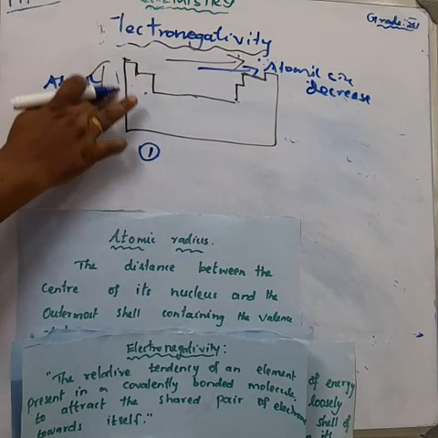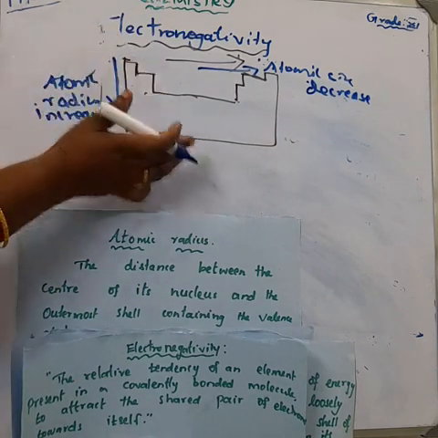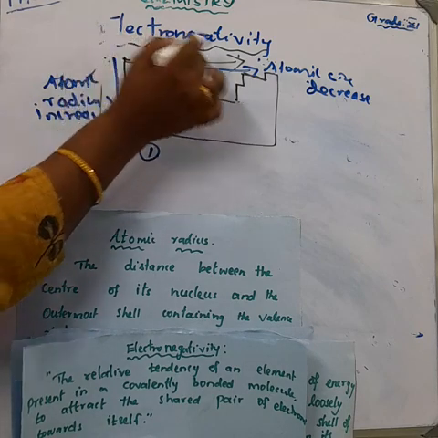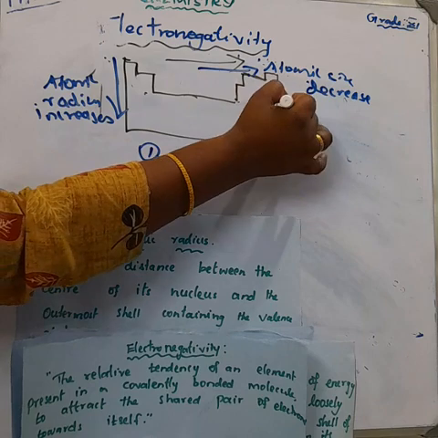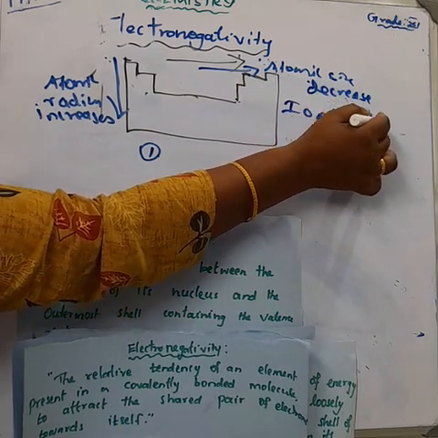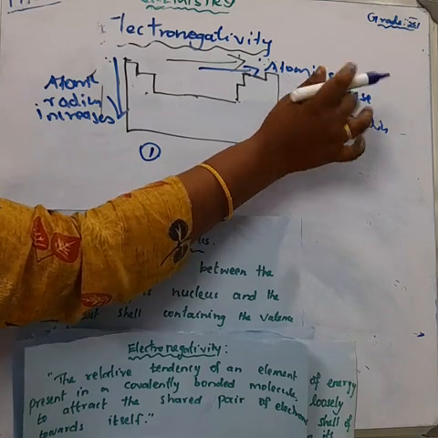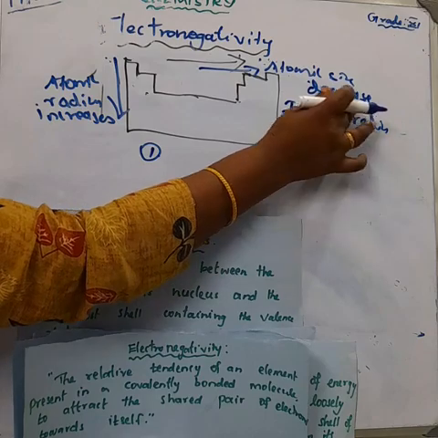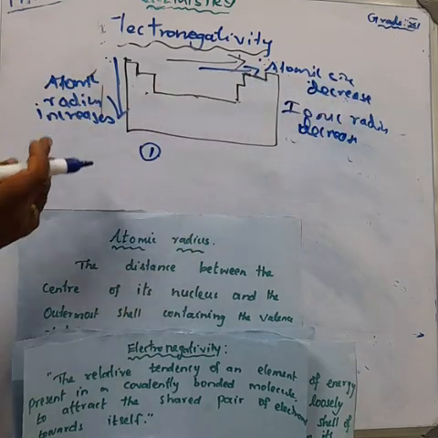Okay, second, ionic radius, or ionic size. When we are moving from left to right, ionic size also decreases. When we are moving down a group, ionic radius will be high. Okay, and what do you mean by ionization energy?